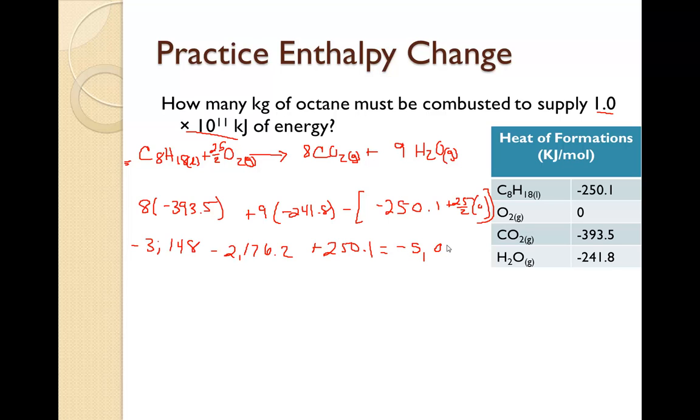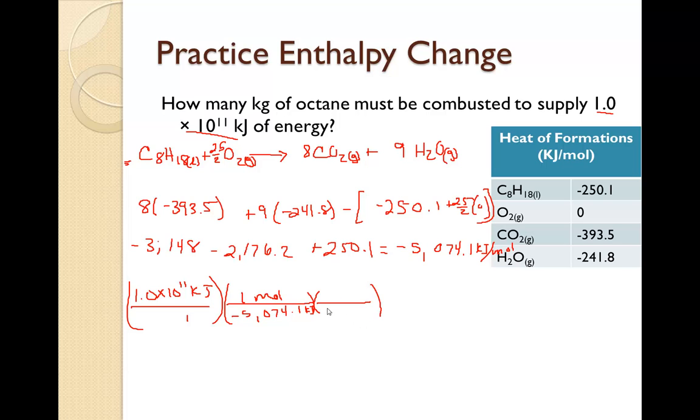Alright, so we're trying to figure out how to get this much energy, how many kilograms. So that's our starting point, 1.0 times 10 to the 11th kilojoules. We can use our delta H as a conversion factor. There are negative 5,074.1 kilojoules in every 1 mole of octane in this reaction. So in 1 mole of octane, there are 114.2 grams.